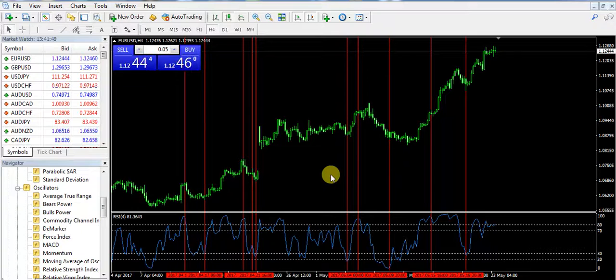But there were certain points where the strength indicator, the RSI indicator, showed us and warned us that this trend might be weakening. Now, that doesn't necessarily mean that there's a trend change. It doesn't necessarily mean that the market is now going to go bullish.